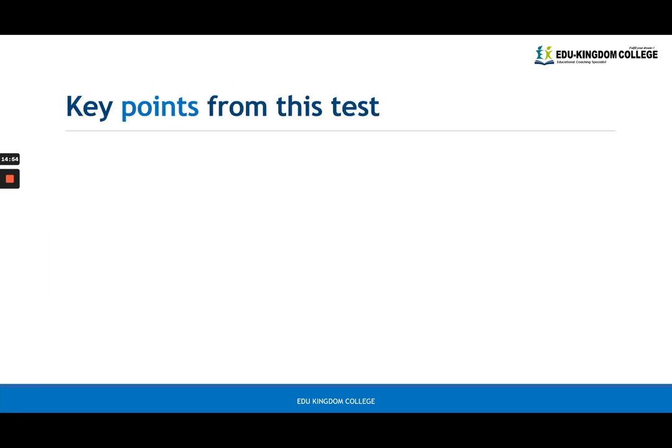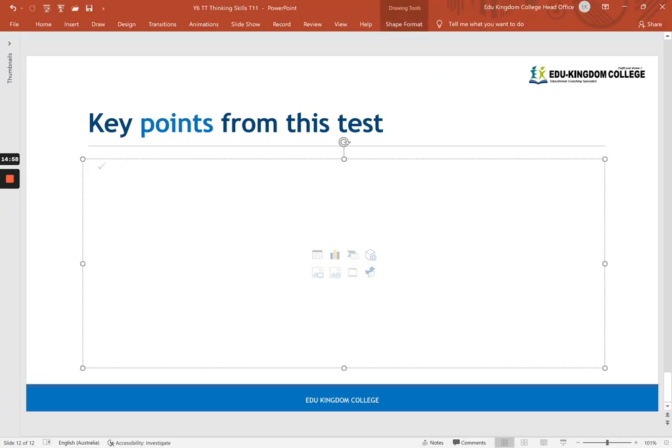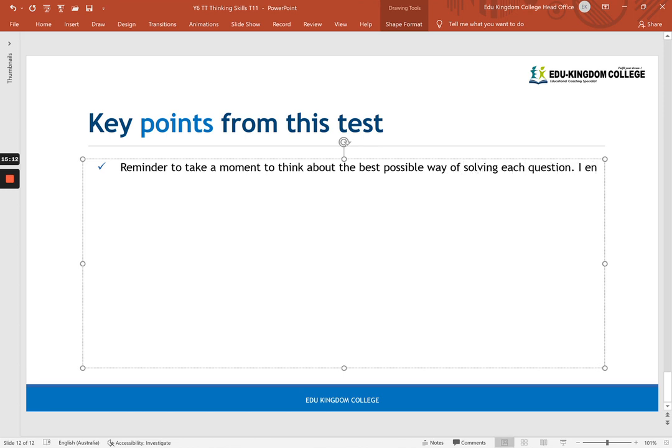Okay, good. So key points from this test. It's a reminder to take a moment to think about the best possible way of solving each question, okay? I encourage you to draw diagrams and tables, but sometimes that might not be the best way to work out a question.